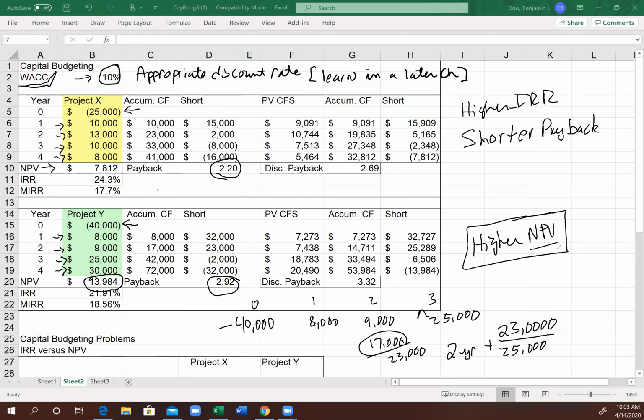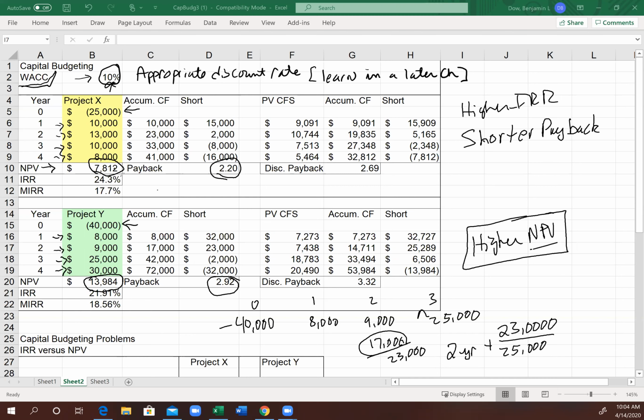You spent 40,000, but you got the 40,000 back plus the interest on the money, and everything else that's left over in today's dollars is worth about $14,000. Would you rather have 14,000 more than you started with, or 8,000 more than you started with?